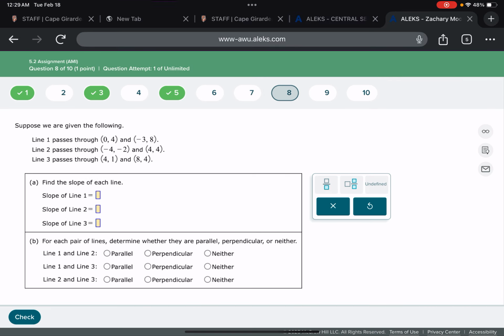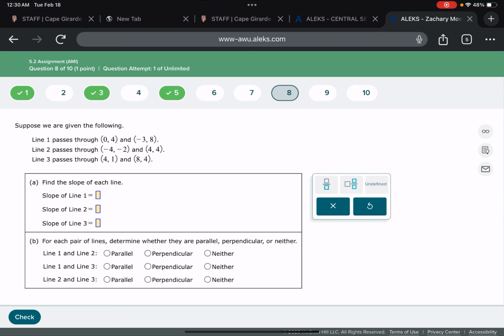So like on this one right here, again, we know how to find slope. That's your y2 minus your y1 over x2 minus x1. So you're going to be doing, let's say on this first one, okay, 8 minus 4, so that's going to be 4. And then -3 minus 0 is going to be -3.